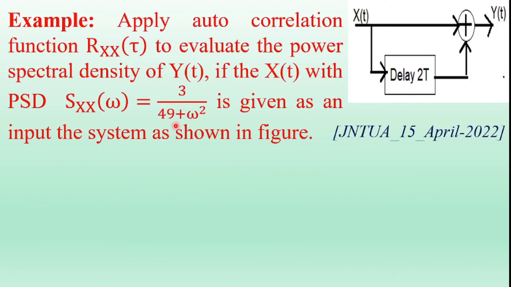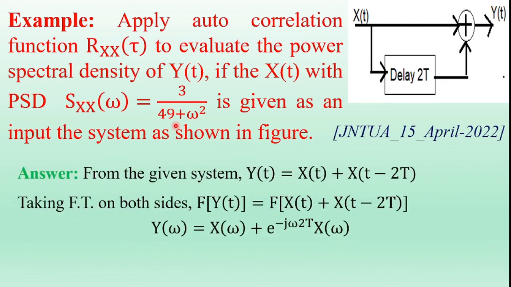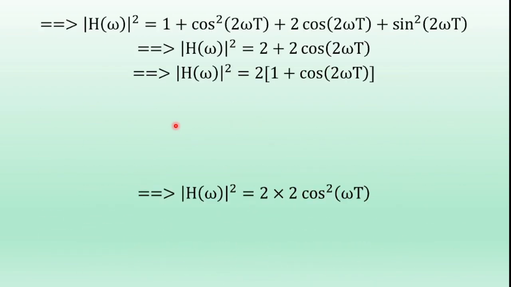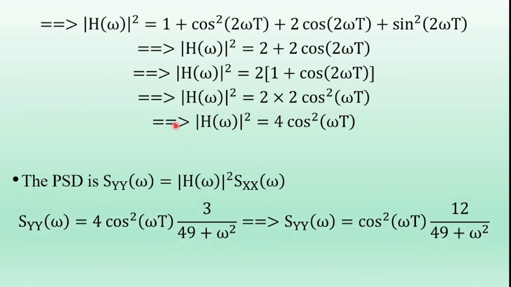Substituting Sxx of omega, the power spectral density of the output y of t is Syy of omega equals 4 cos square omega t into the power spectral density of x of t. Given that it is 3 by 49 plus omega square, substituting that value, Syy of omega equals cos square of omega t into 12 by 49 plus omega square. And this is a previous examination question.